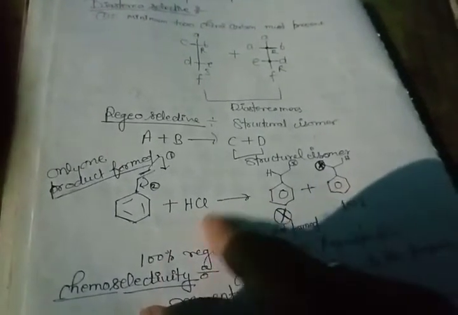Suppose this compound reacts with hydrochloric acid to form this one. This is not formed because there is always the possibility of one product, that is 100%. It means in a regioselective process there is always formation of a single product, that is regiospecific in nature.